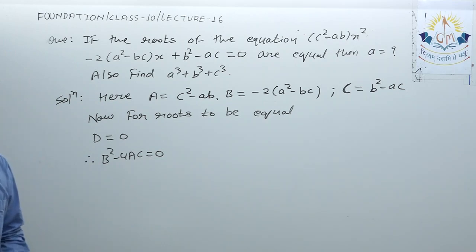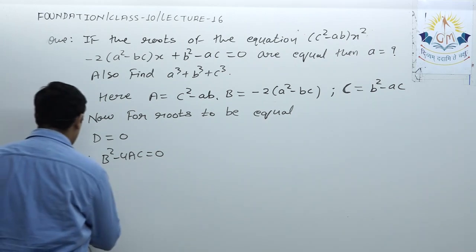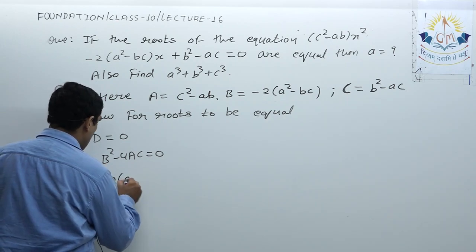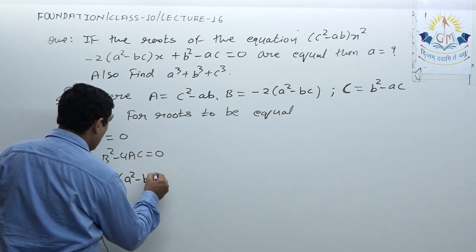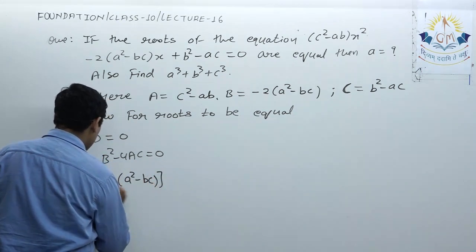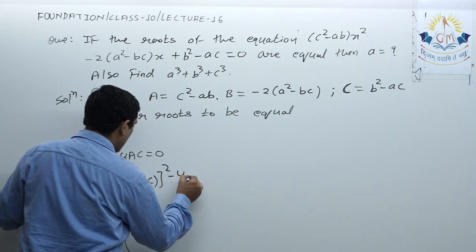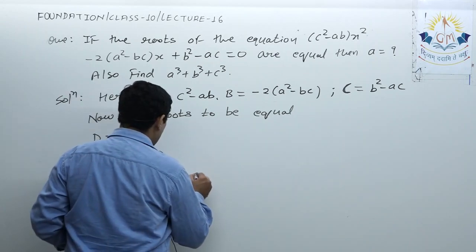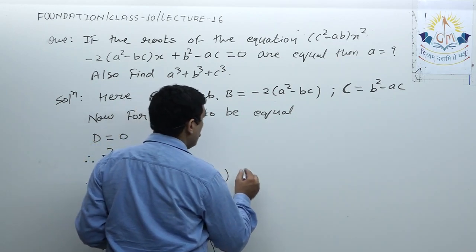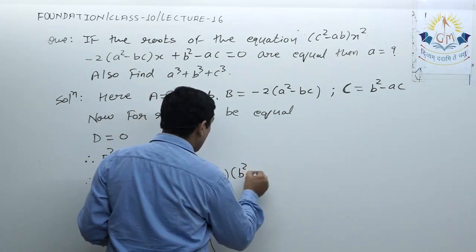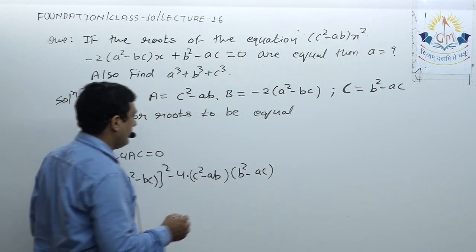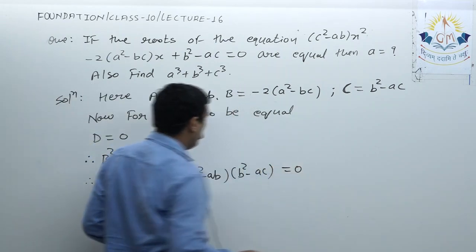Now you have to put the values of a, b, c. So therefore b square, that is minus 2(a square minus bc) whole square, minus 4 into a, that is c square minus ab, and c, that is b square minus ac, equal to 0.